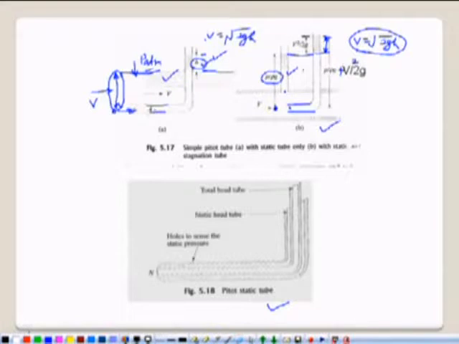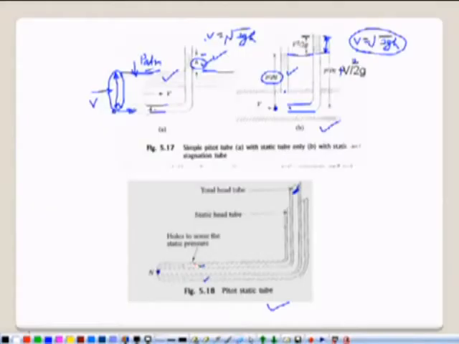Both tubes are merged here in another device which is known as a Pitot static tube. In the Pitot static tube we have a tube which is known as a Pitot tube. This tube measures which pressure? This tube measures the total pressure or stagnation pressure, because this end is facing the fluid and here velocity is retarded to 0. Now this tube is surrounded by another hollow tube.